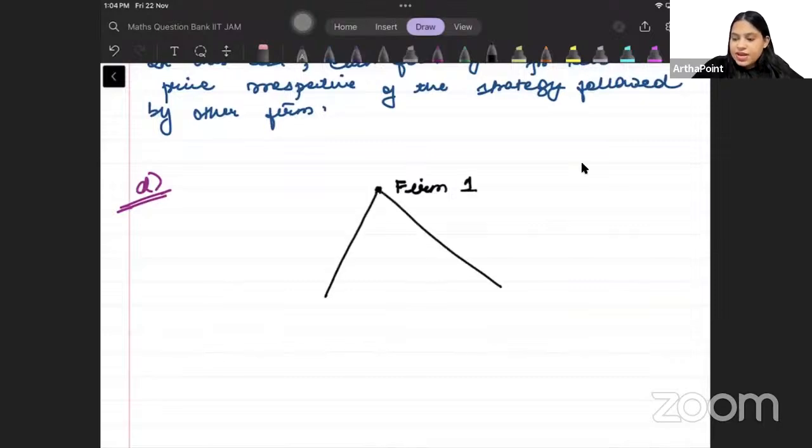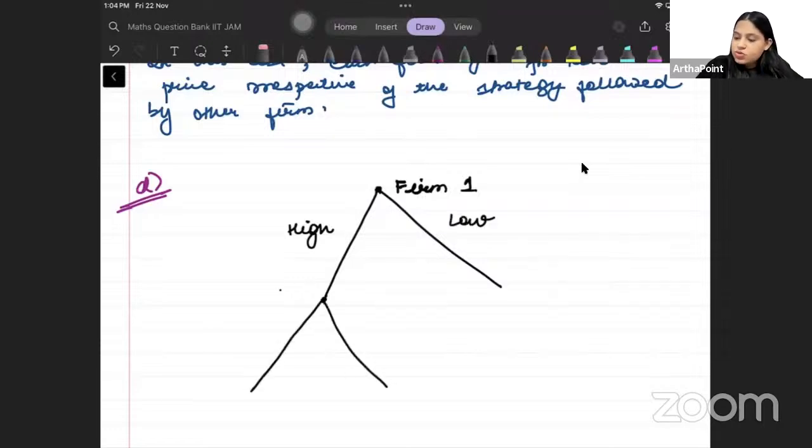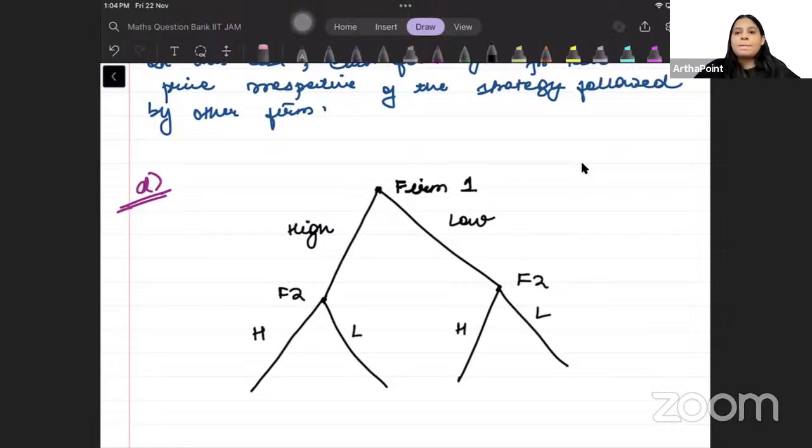Firm 1 is deciding between high and low. Then here we have firm 2, and firm 2 will decide between high and low, right?